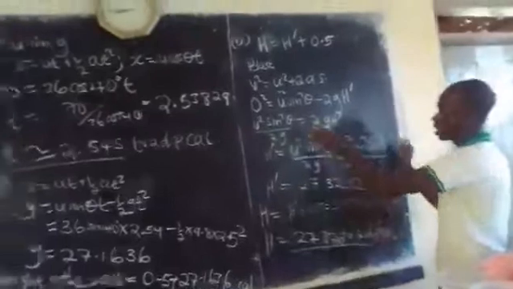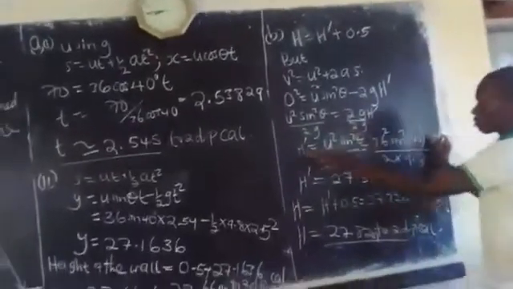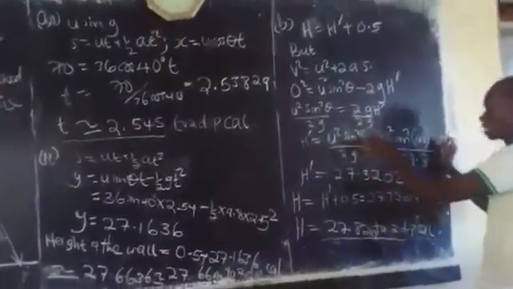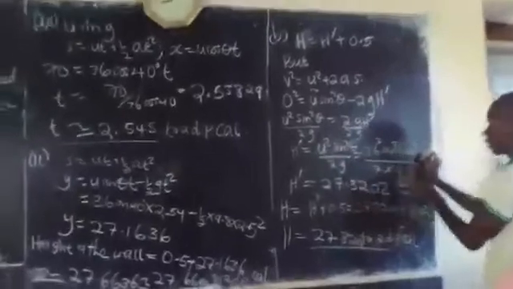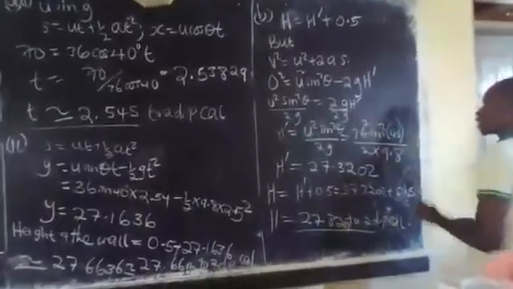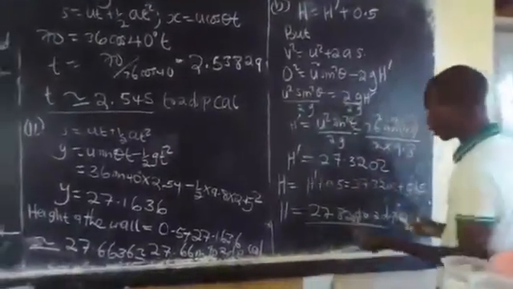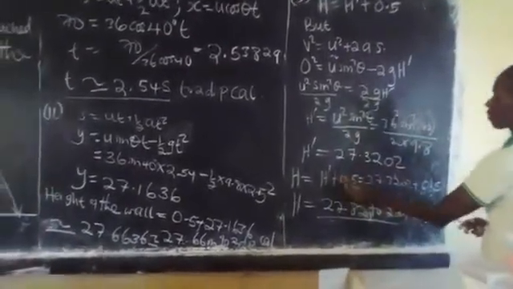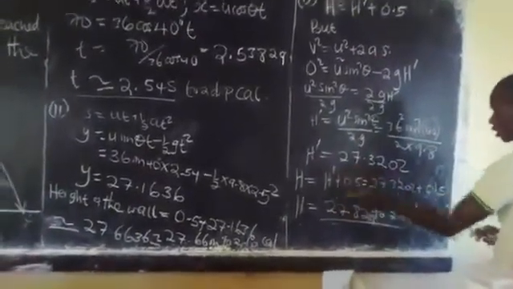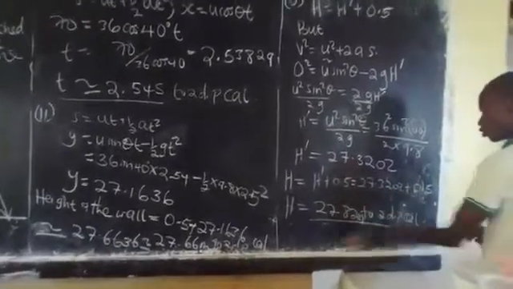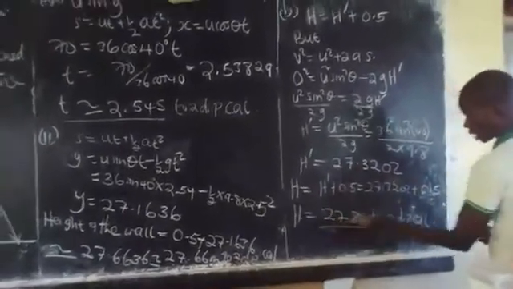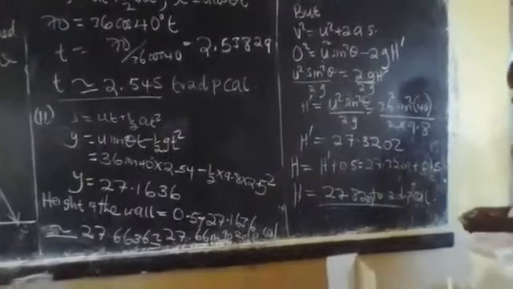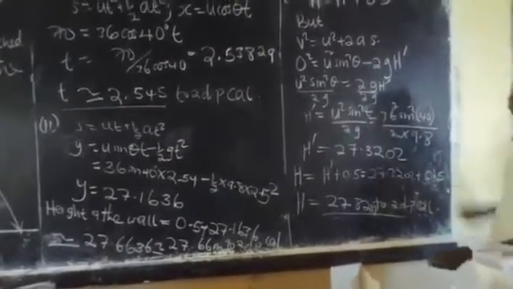Then down there, you can simplify and get your H prime as this. You know U, you know the angle, you know the G. Put them there. Normally G is 9.8 and we will provide it on the first page of the question paper. We are aware I already have 0.5 given, add the 0.5. When you add it, you round off to give 27.82 meters to 2 decimal places with a calculator.